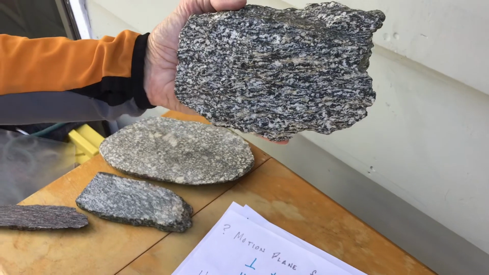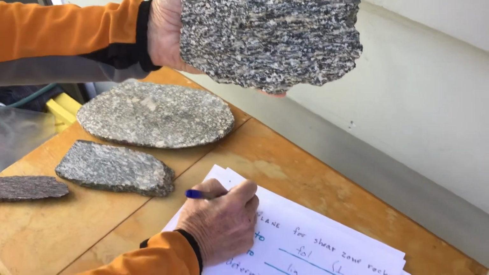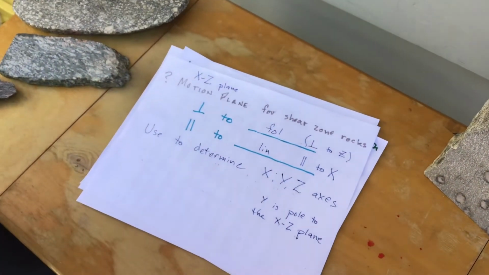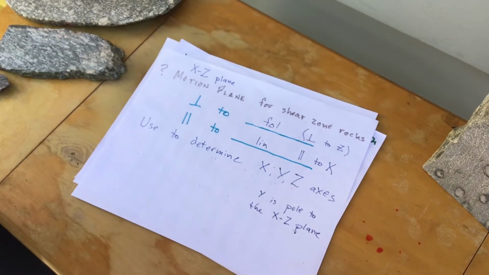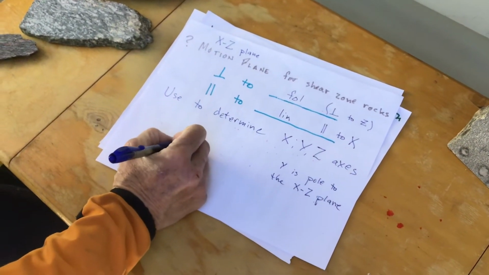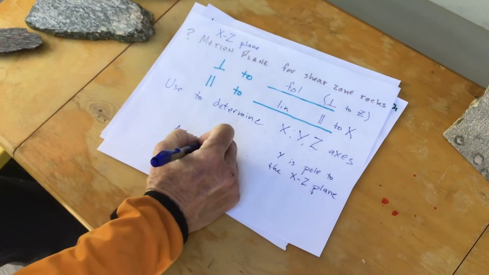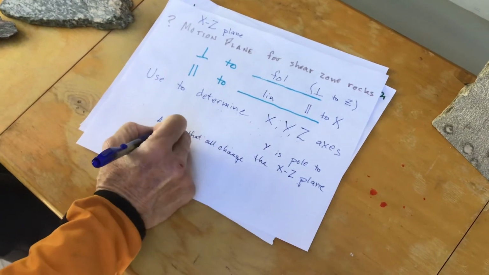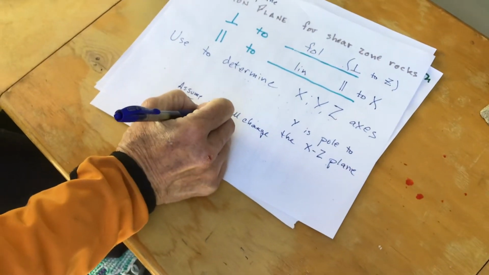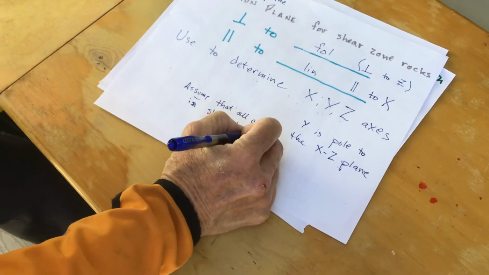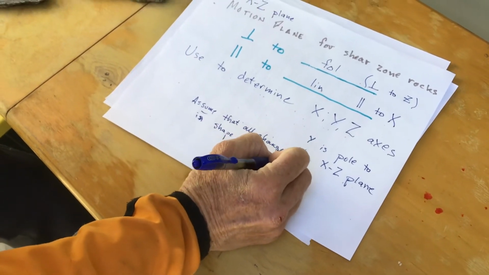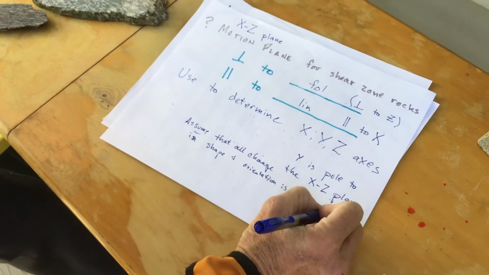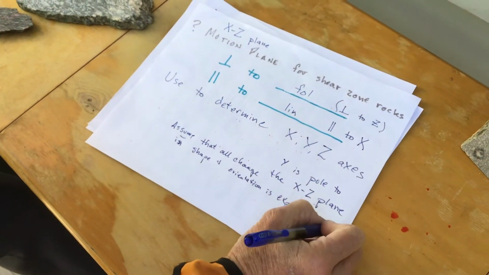Furthermore, I'm sure you've worked it out in your heads. The motion plane is the XZ plane of strain. Okay, and we will assume, and most times this is correct, that all change in shape and orientation is expressed in XZ.